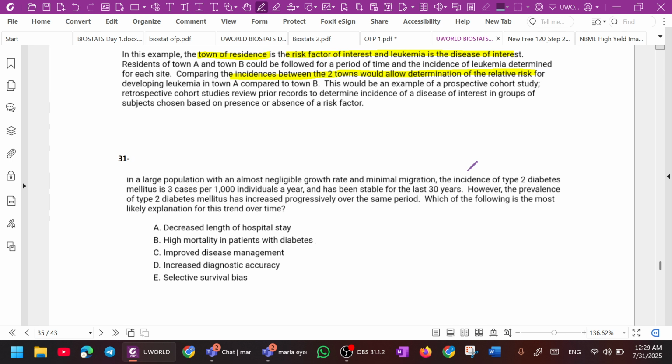However, the prevalence of type 2 diabetes mellitus has increased progressively over the same period. Which of the following is the most likely explanation for this trend over time?